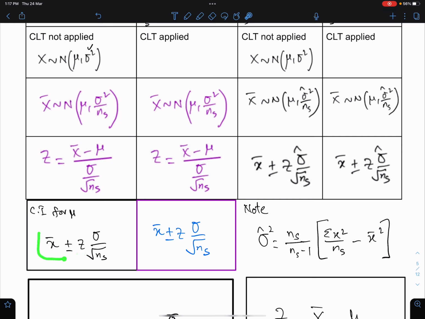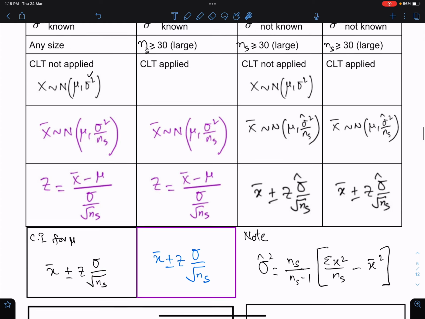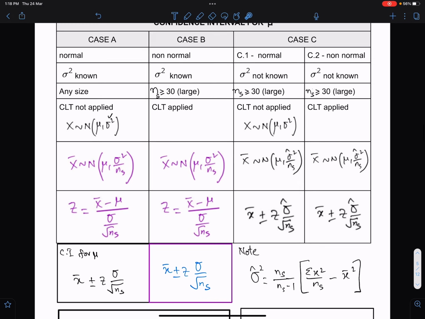These two things are fixed in all the confidence interval formulas, x bar plus minus z. And this thing has come from here. When you take the root of this, you will get sigma over under root n_s. So this is case A.